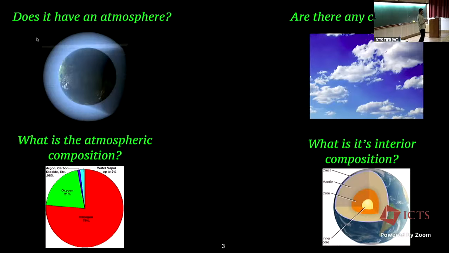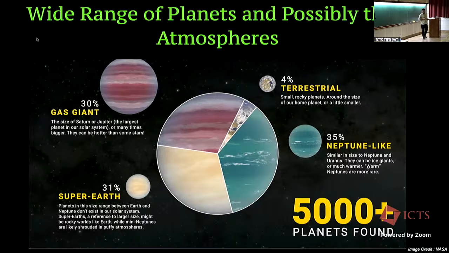And we only have access to the atmosphere to understand the deeper parts of the planet as well. That is why we have to understand the atmosphere and characterize it very well. Now, with more than 5,000 exoplanets, we have a wide range of planets and possibly their atmospheres.